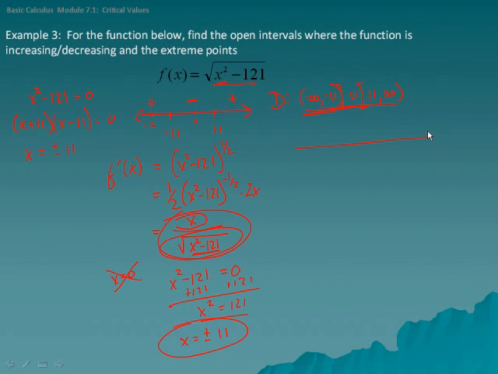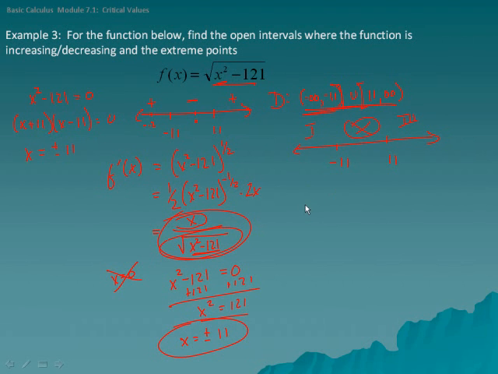So let's take a look at these. Again, I'm going to use my handy dandy number line, and put in negative 11 and 11. Now we know that this middle area is no good, but let's check the left area, region 1, and let's check region 3. These are the two areas that we need to look at because we know the middle doesn't have a domain there, so it's not any good.